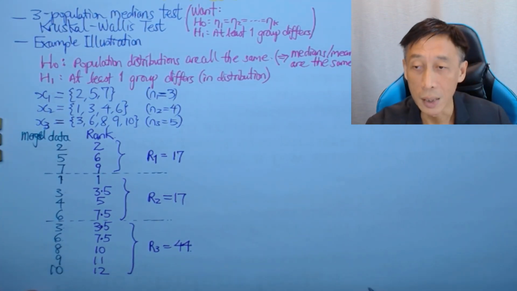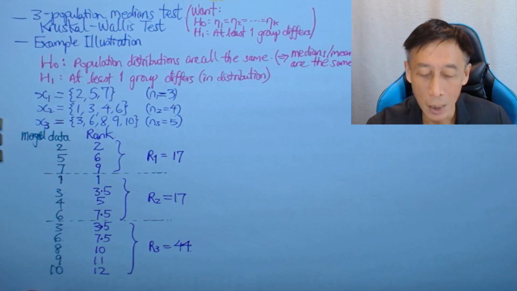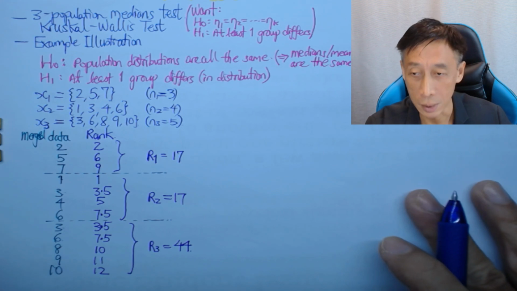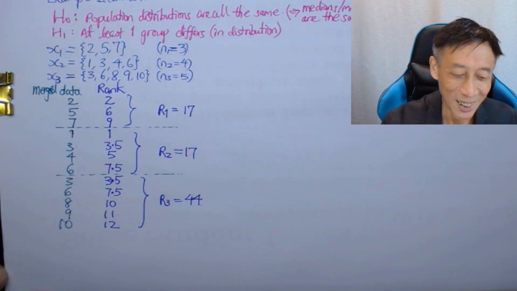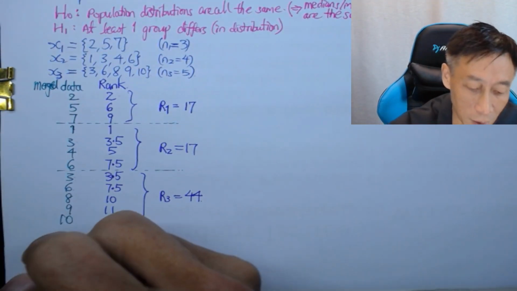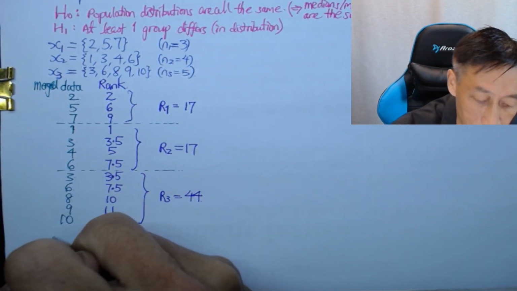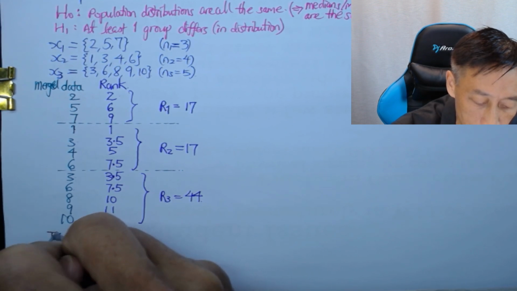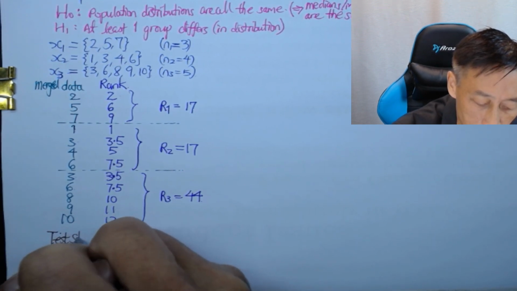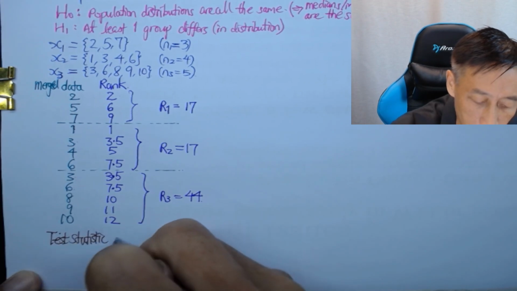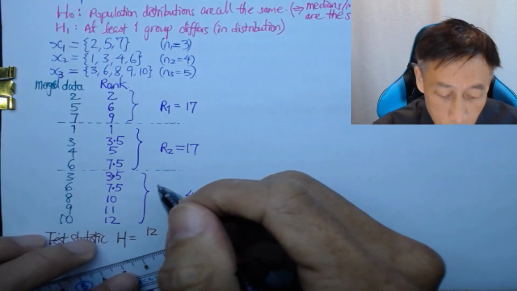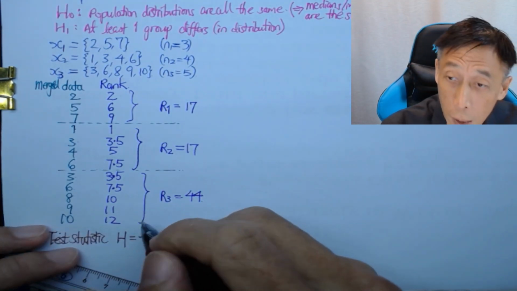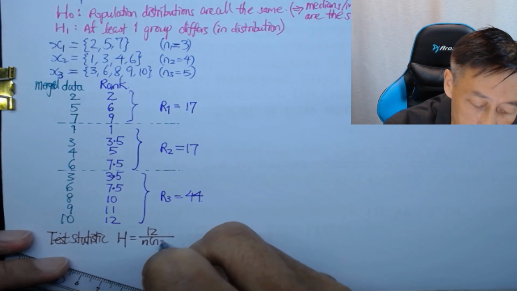Okay, so once we get these, we need to combine them to get the H test statistic. The H test statistic, the Kruskal-Wallis test statistic, is given by H equals 12 over n times n plus 1.